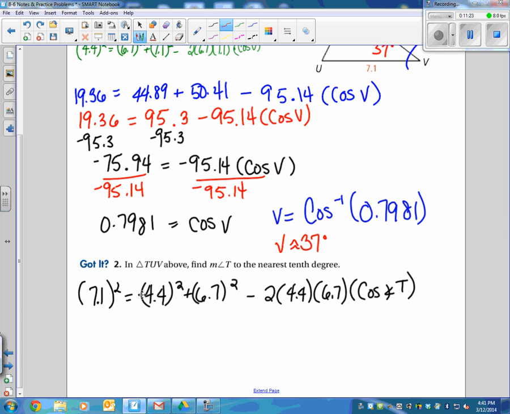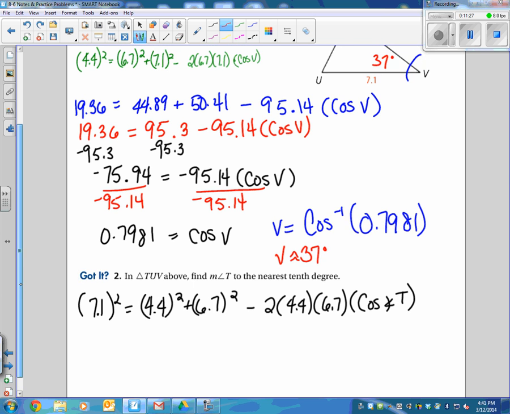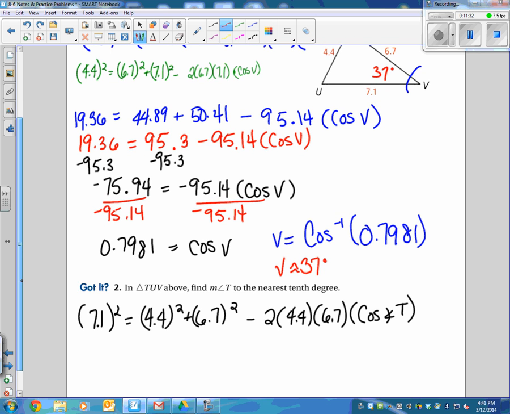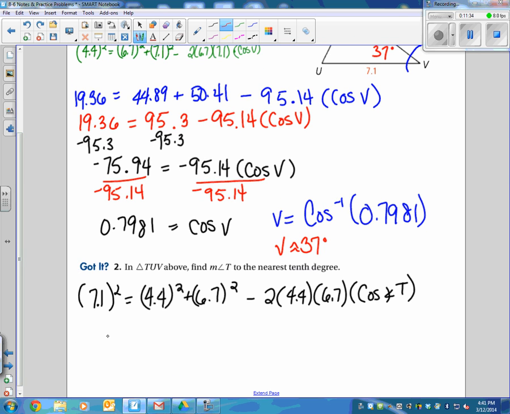And from here, we're just going to go ahead and fill in our values. I already know what all these squared values are. I just have to rearrange them. So 7.1 squared was 50.41, and 4.4 squared was 19.36, and 6.7 squared looks like it was 44.89.